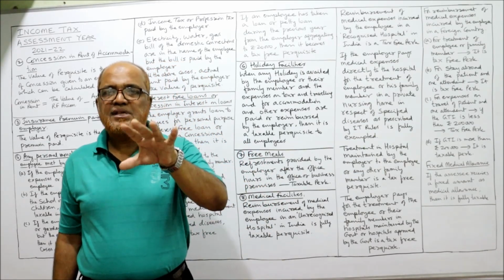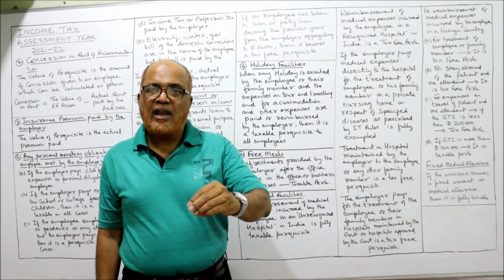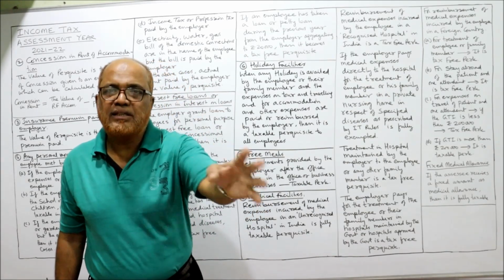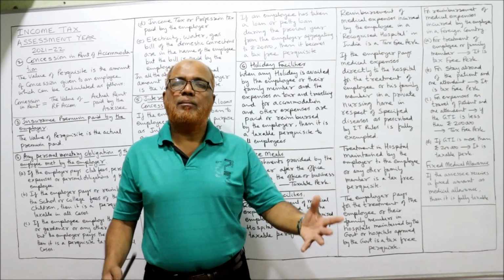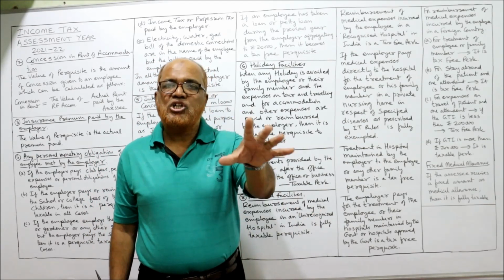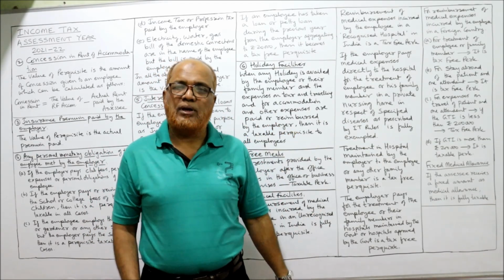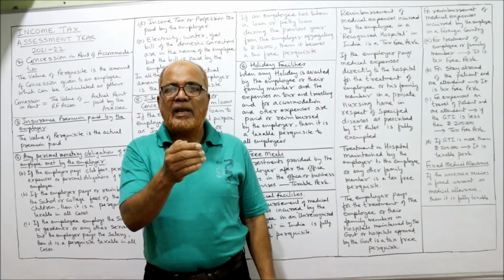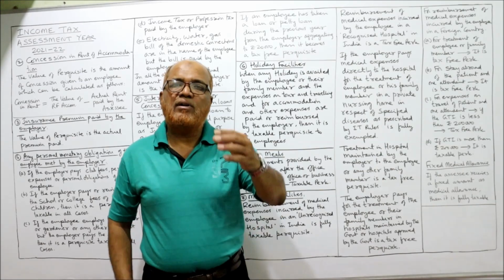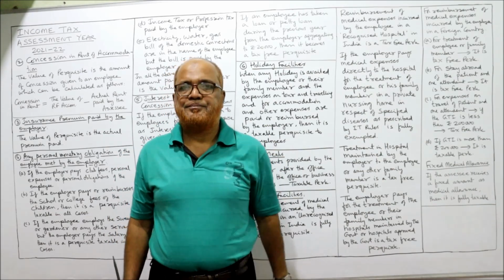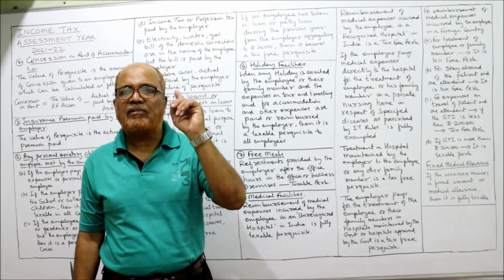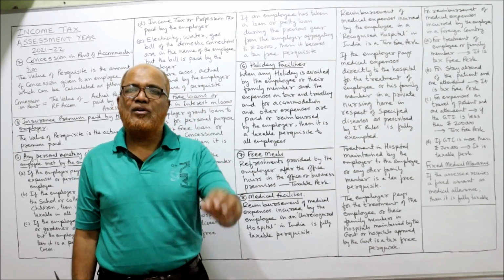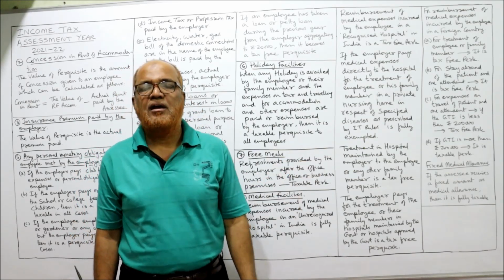Now this 1 lakh rupees is also reimbursed by the employer. The Income Tax Act says, check the GTI, the gross total income of the employee. If the gross total income of the employee is below 2 lakh rupees, then reimbursement of travel expenses of the patient and one attendant is also tax-free.